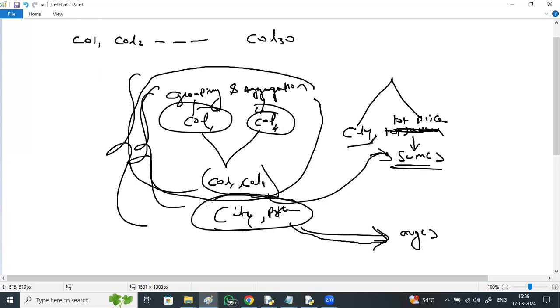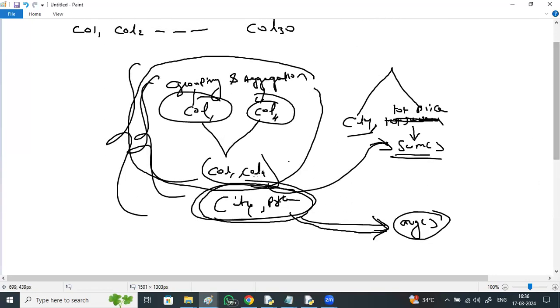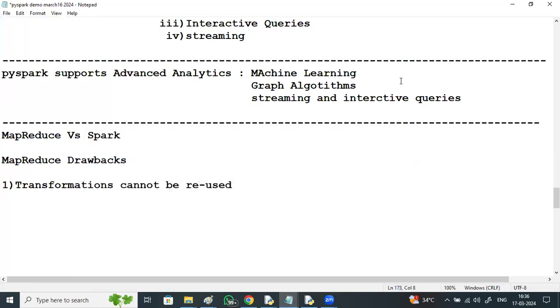You already have the output, city and price, but you cannot reuse the already executed transformation. Day after tomorrow, if I want city-wise max or min price, still you cannot reuse. Every time you need to re-execute from the beginning.